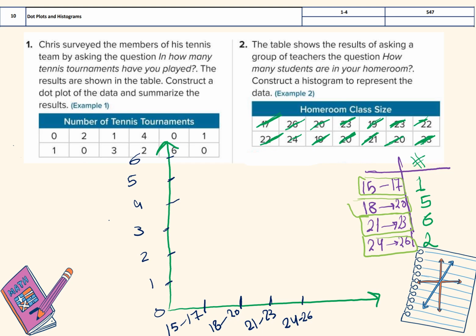First category, from 15 till 17, its frequency is 1. So we're going to make a rectangle that has height of 1, this way. Then, from 18 till 20, the frequency is 5. So we're going to make a rectangle that has the height 5, this way.